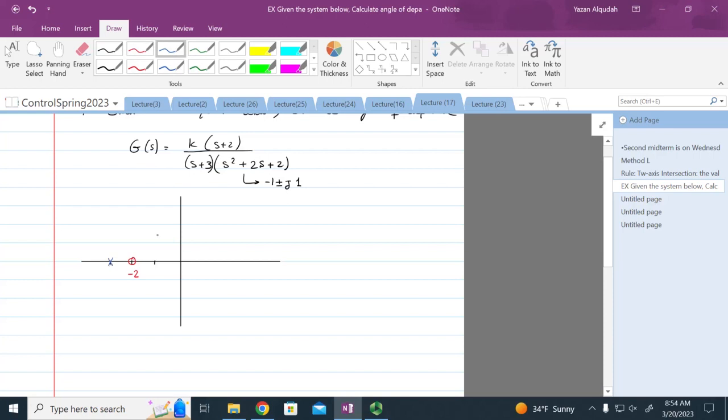And we have a pole that is at negative 1 plus j1 and minus j1. Together? What do you want to calculate? The angle of departure. The angle of departure.